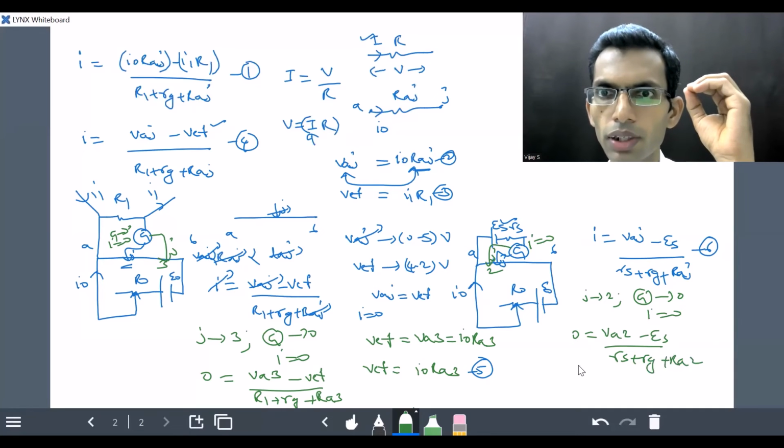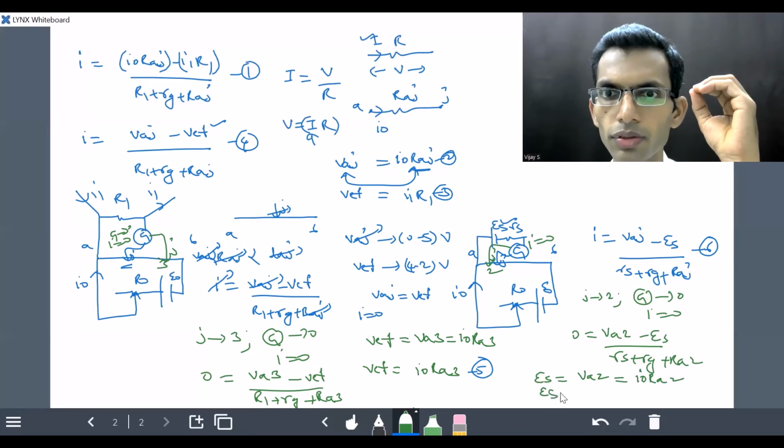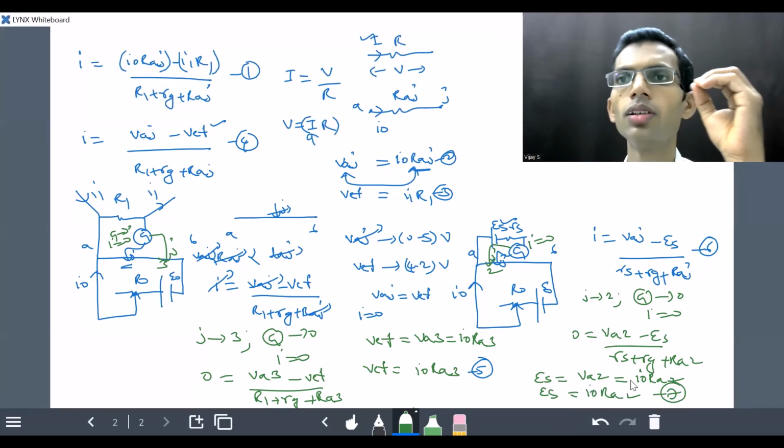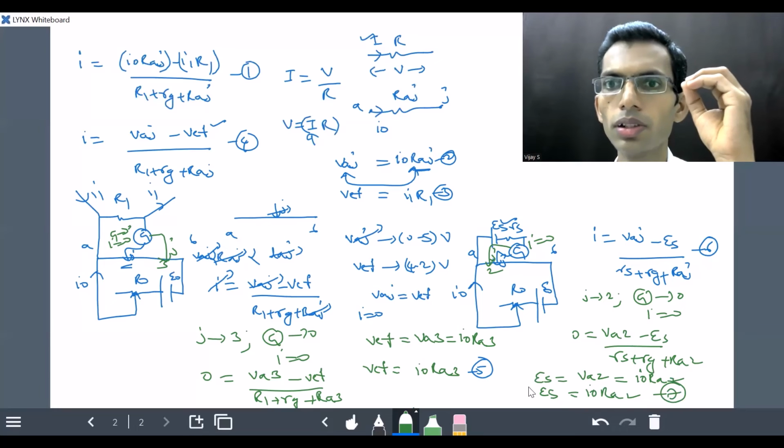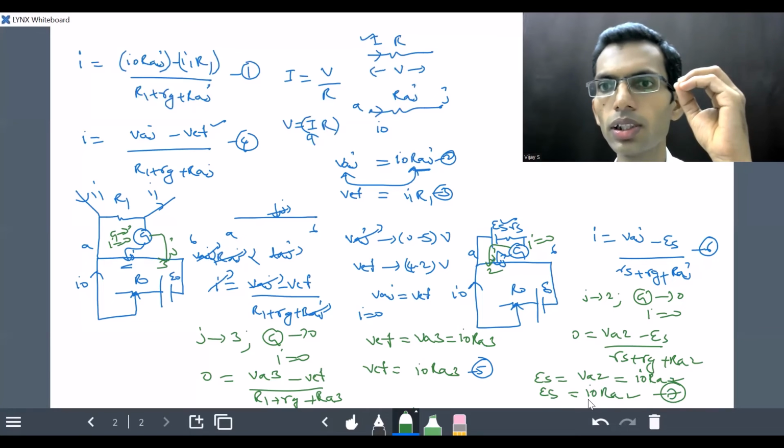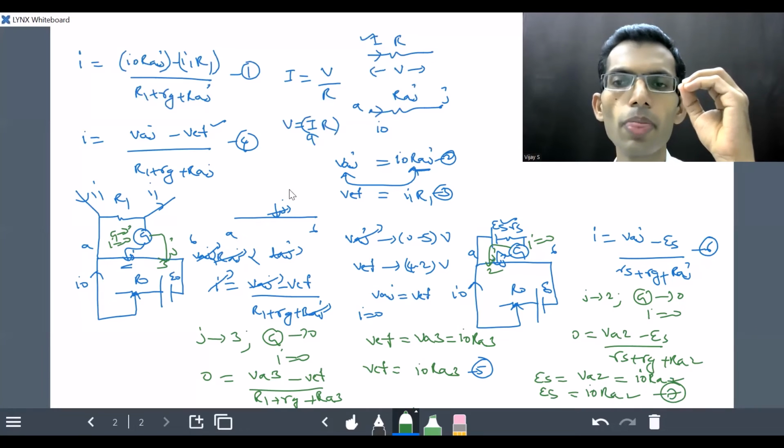As LHS is 0, we get ES equal to VA2, that is equal to I naught RA2 from equation 2. So this is going to be equation 7. Here we can see ES is nothing but I naught RA2.